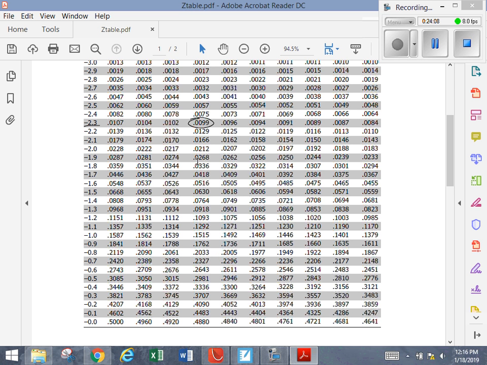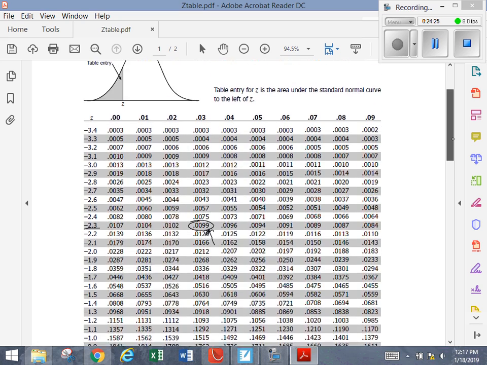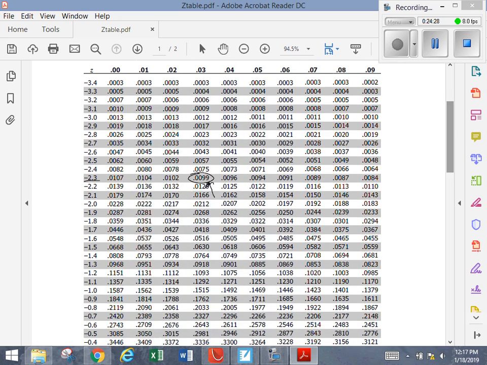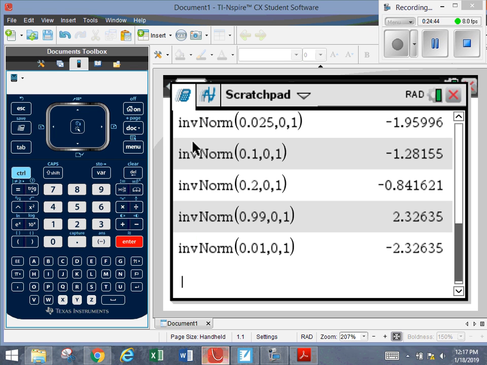The closest one that we find is this one, the closest value on the inside to 0.01, and we'll see that it is at negative 2.33, which corresponds to our calculator value. You can do this using the table if you like. I think the calculator is a little quicker.